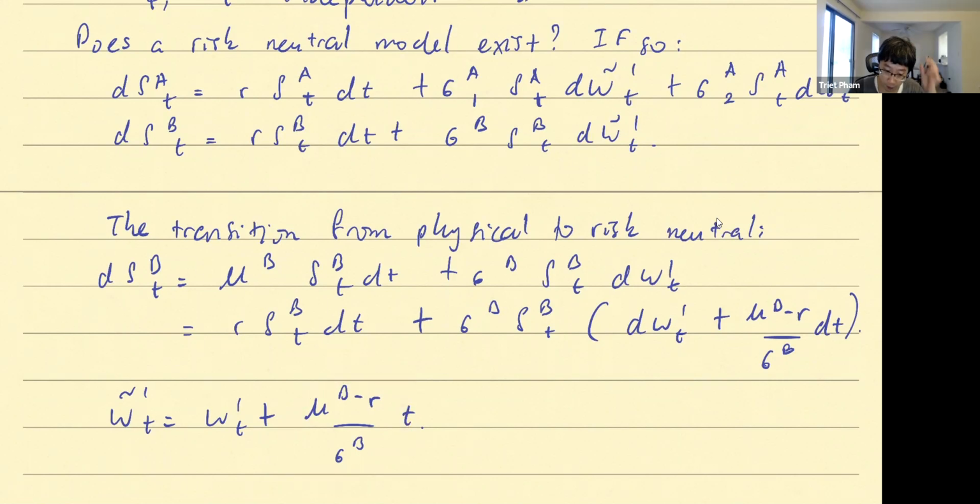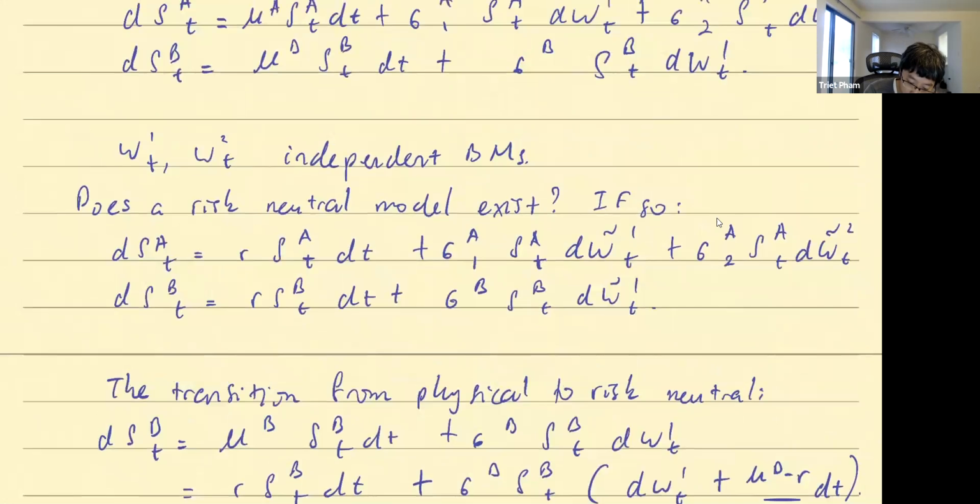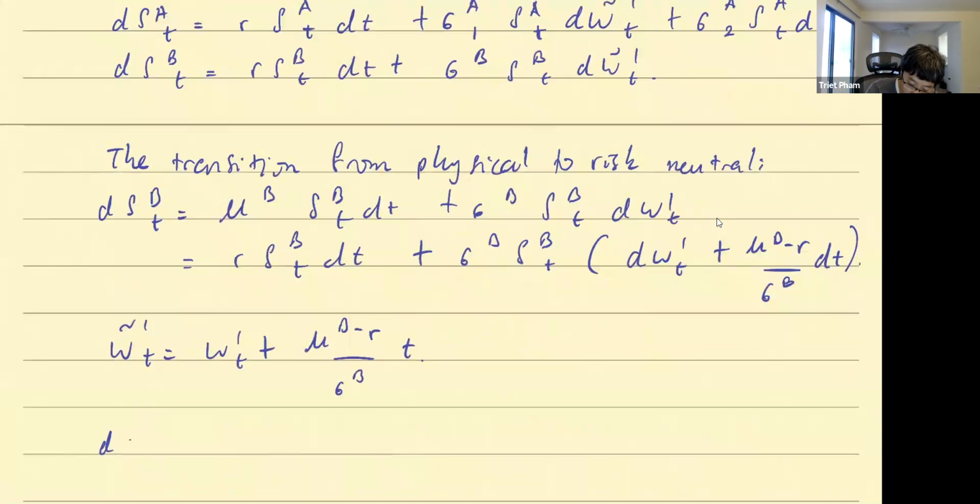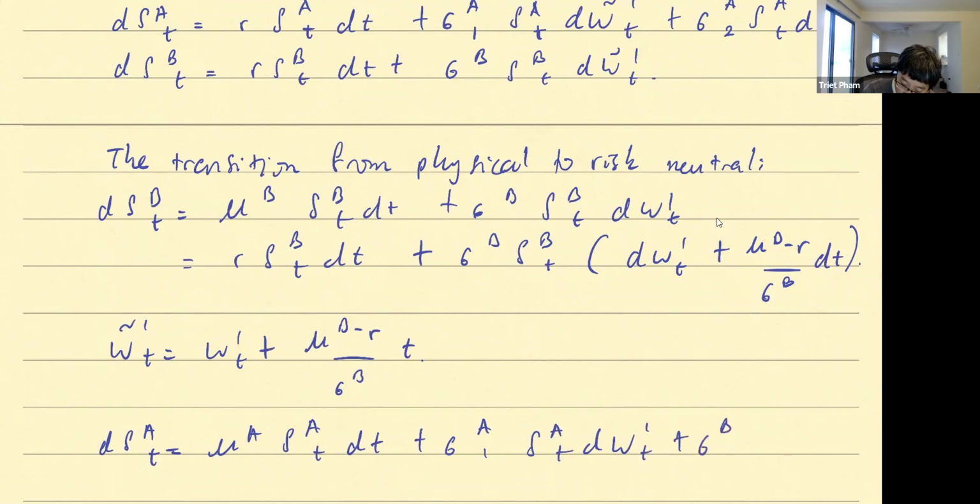What about firm A? Firm A again is a little bit more complicated, but let's start from the physical version, where it is mu A, the first one, and then the second one, sorry, sigma A2.